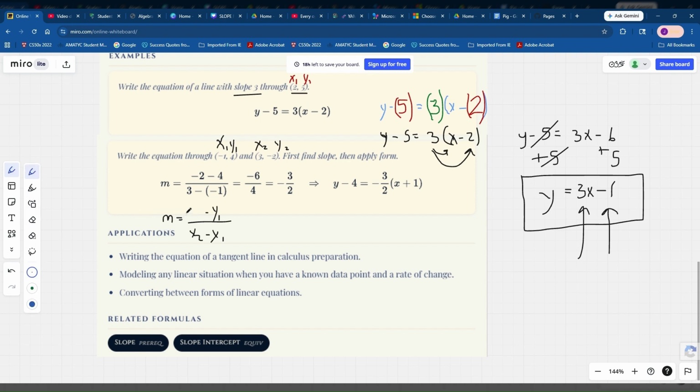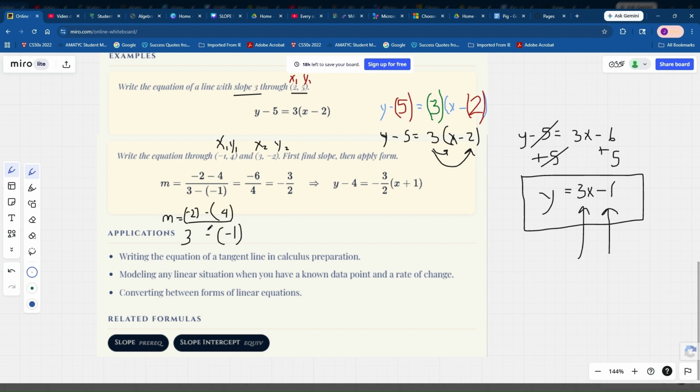So we're going to put that in as -2 in parentheses. And then y1 was what? y1 was 4. x2 was 3. And x1 was -1. So let's put a -1 in there.